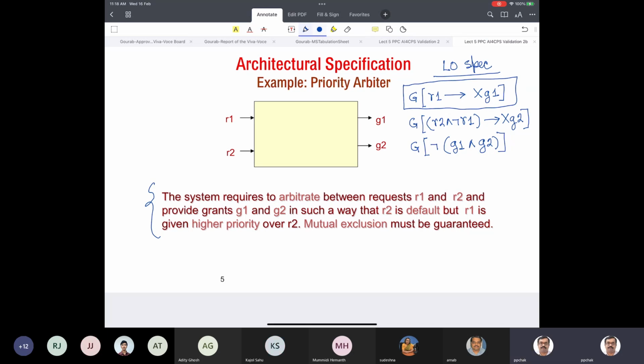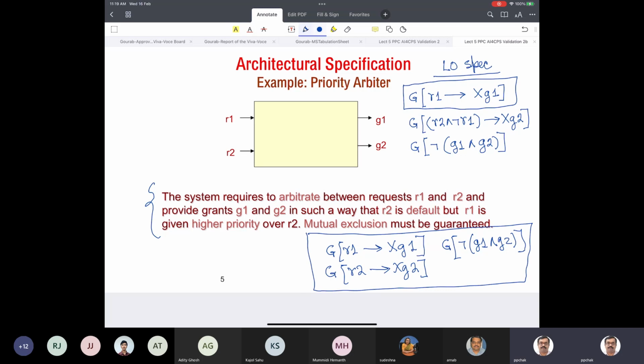But if I write globally R1 implies X G1 and globally R2 implies X G2, how do I write mutual exclusion? Both cannot be true together, isn't it? Not of G1 and G2, both cannot be true together. All right. Is that clear to everybody?